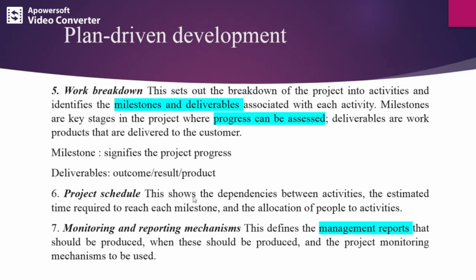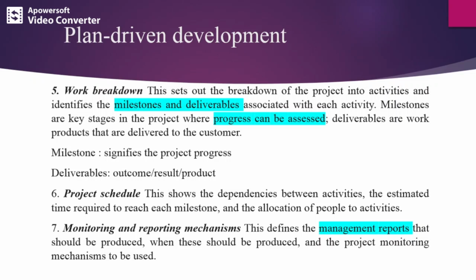Sixth one, project schedule. Now you've divided the project into different activities, and you have to schedule it. So you need to see first the dependencies between activities. Some activities will be interlinked, so there might be some activity depending on another activity.